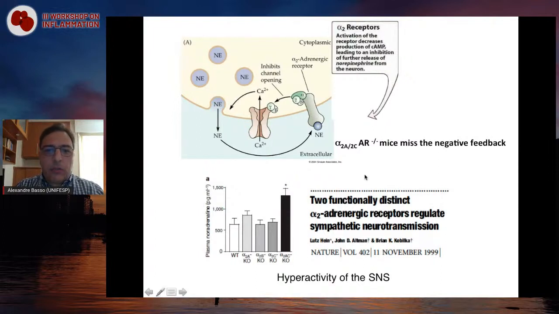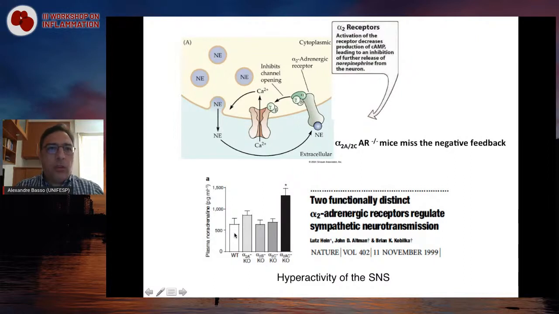Animals that are double deficient for alpha-2A, alpha-2C adrenergic receptors miss this negative feedback, and because of that, they are characterized by hyperactivity of the sympathetic nervous system. We can see here that those double deficient alpha-2A, alpha-2C knockout mice have increased concentrations of noradrenaline in the bloodstream as compared to single knockouts and wild-type mice.